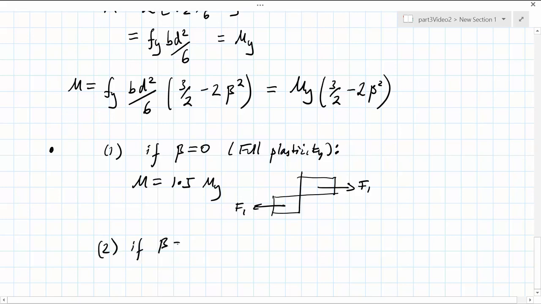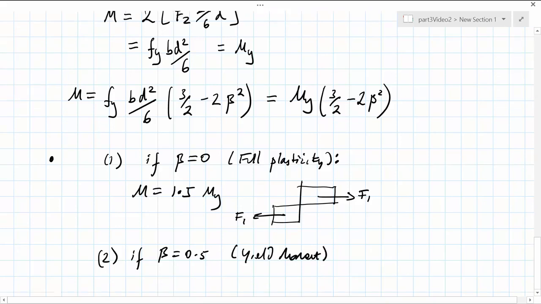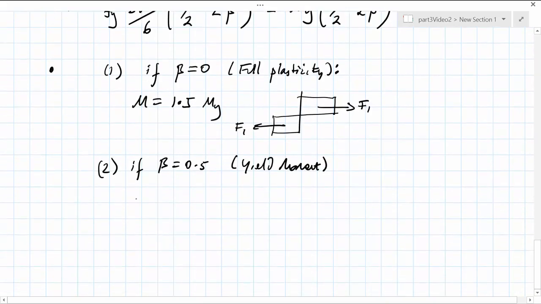If beta is equal to 0.5, the yield moment, then of course M is equal to My, and the corresponding stress distribution with forces F2.